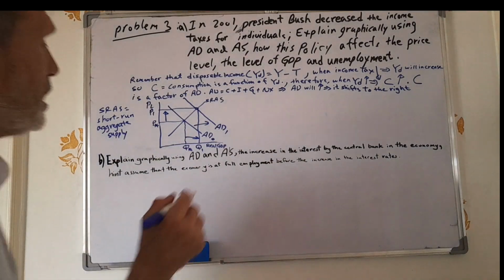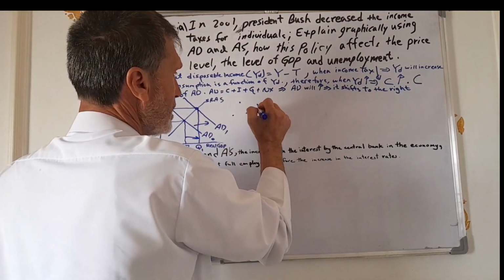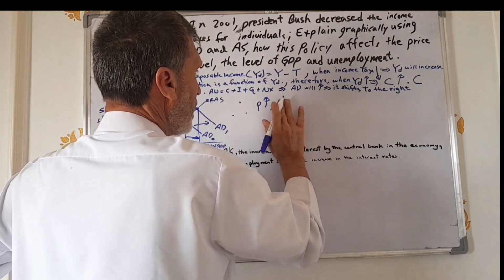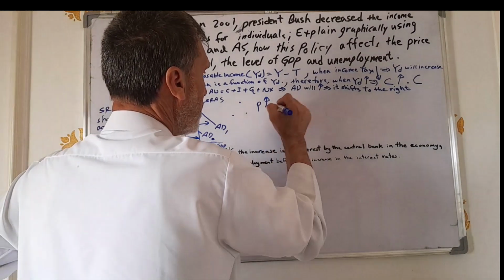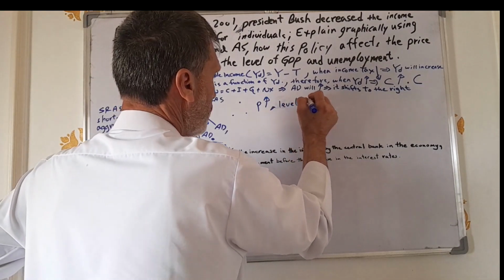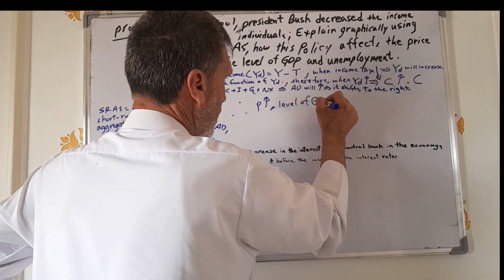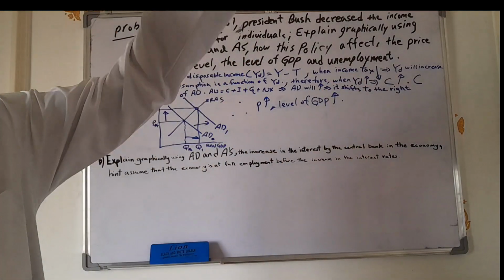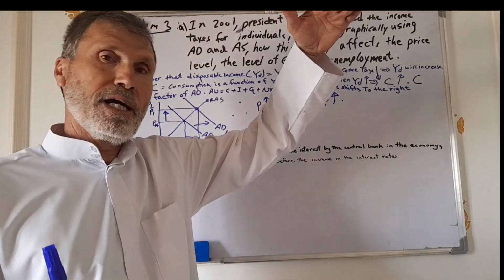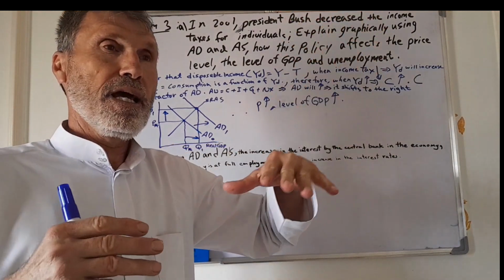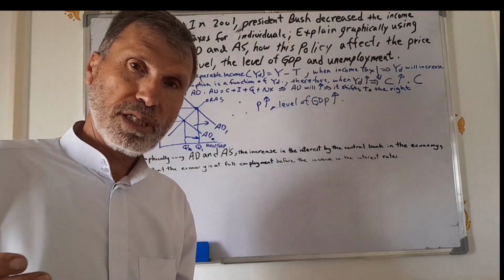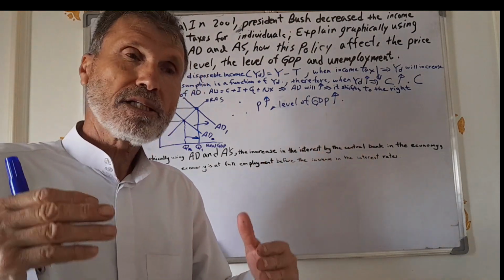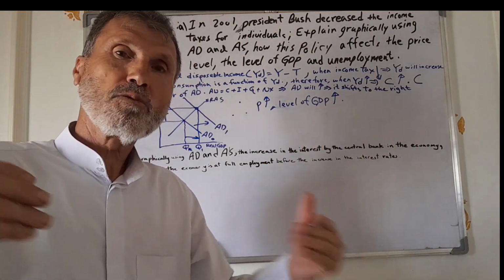So as you can see, price increases, quantity or real GDP increases, the level of GDP increases, and what does that mean? When GDP increases, this implies that a higher amount of output means more workers are getting work.